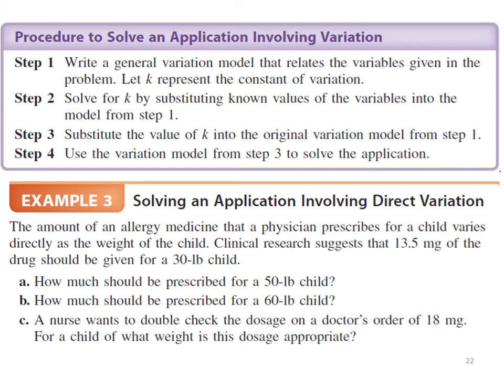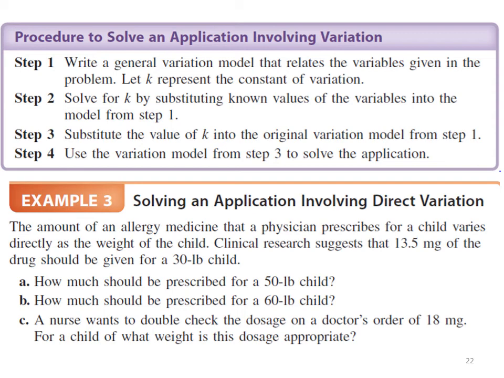Once you find the value for k, then you can find the proper dosage for any child, any weight, and also if you know the dosage, then you can find out the weight of the child from the model.